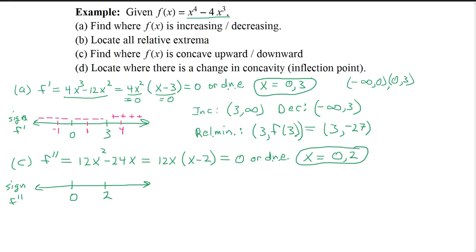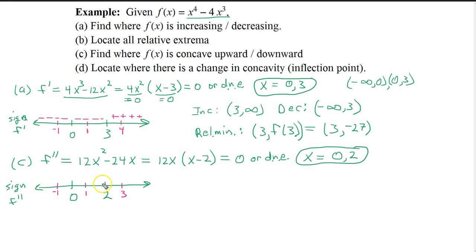And then we just need to pick some test values like negative 1, 1, and 3. And now be careful, we plug these numbers into the second derivative because we want to determine where the second derivative is positive and negative.